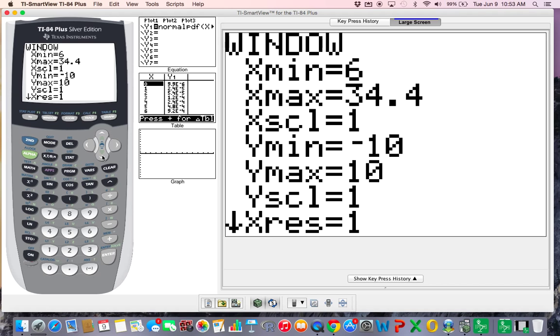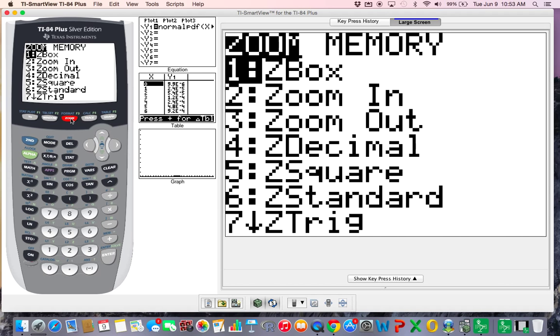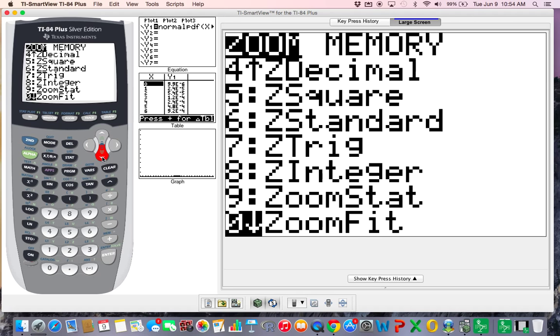Now I want this to be 1, and I want this to be 0, and I don't care what you put here, just as long as it's a number above 0. Now I can do zoom fit. What zoom fit does is it takes the x values that you gave and adjusts the y's to give you the best picture.